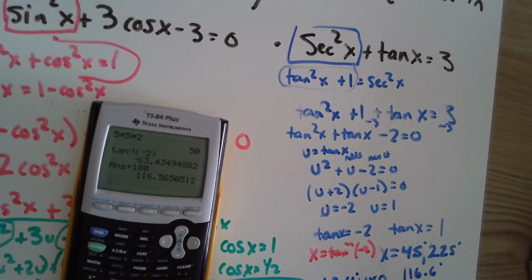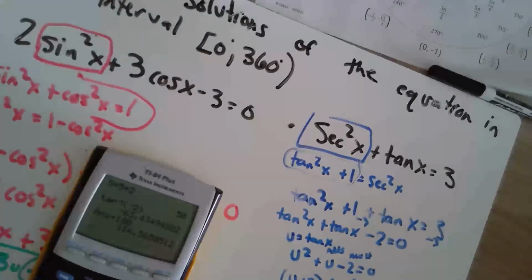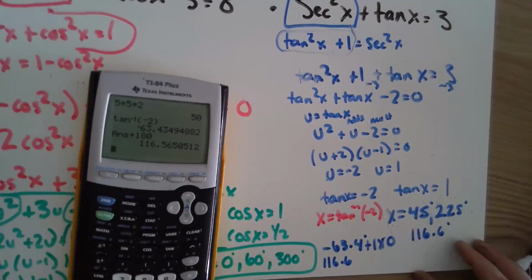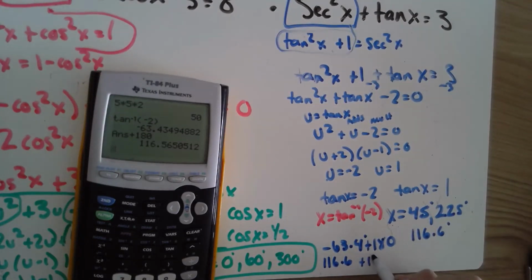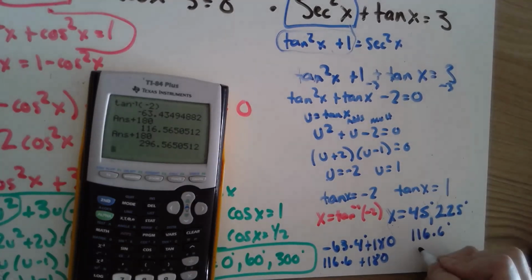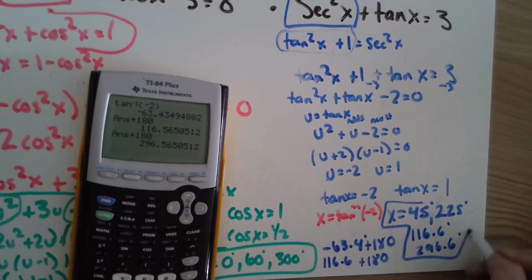Okay? So that's within my 0 and 360. Is there another one? I don't know. I'm going to take 116.6 and I'm going to add another 180 degrees. And I get 296.6 degrees, which is still within my interval.